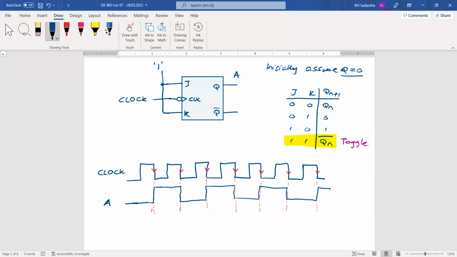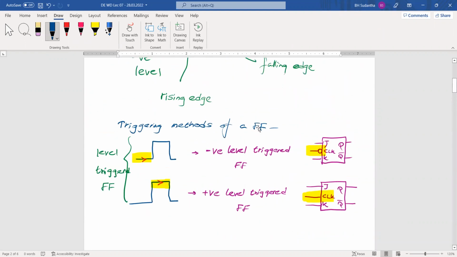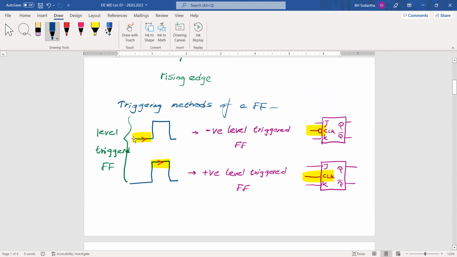Dilhara, you are asking about the difference between the diagrams of negative level triggered and falling edge triggered. Negative level triggered means that when the clock pulse is at 0 level, the flip-flop will be triggered. Here we have a small circle at the clock in.